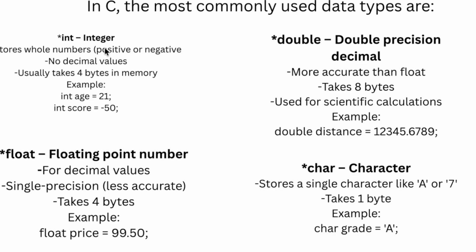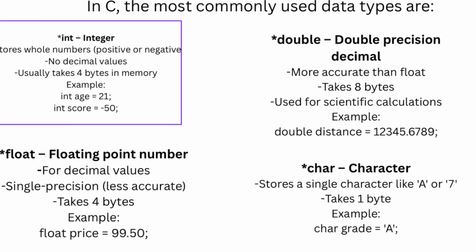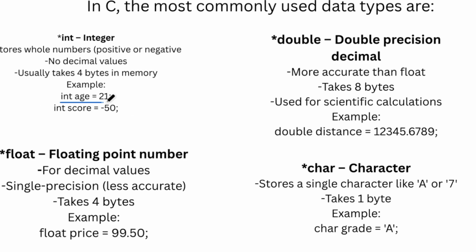In integer, we store numbers. It can be positive or negative. In float, we store decimal values. You can use it for values like 1.2, but for bigger decimals we use double.